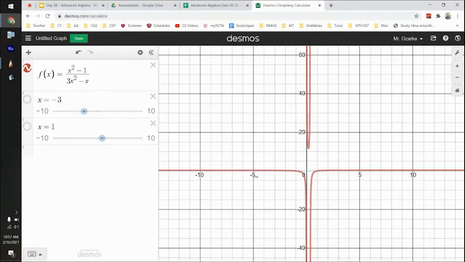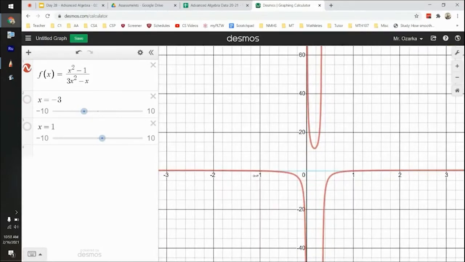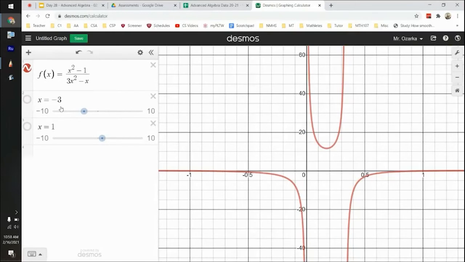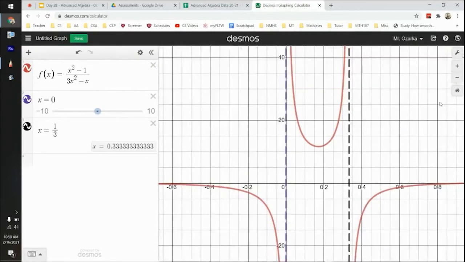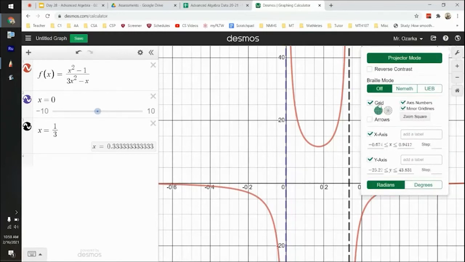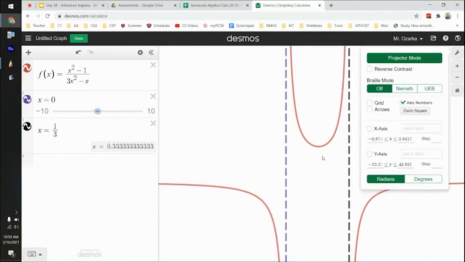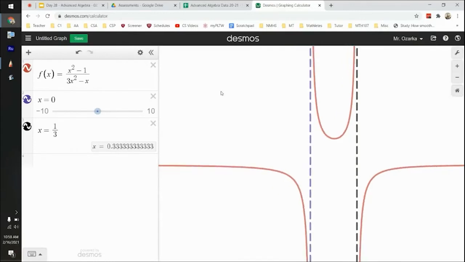Now we had x equal to 0 as one of the asymptotes and x equal to 1/3 as the other. I'm going to graph these as dashed lines, one for each. You can see that they are both asymptotes for this graph. Let me get rid of the grid so it's a little easier to see.